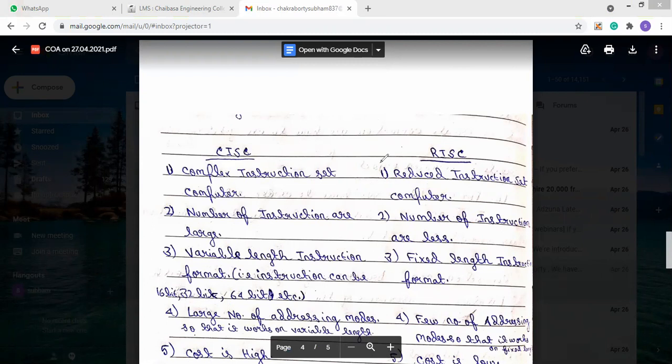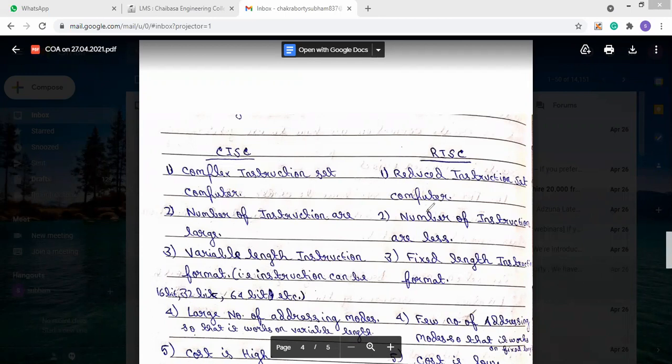In CISC, the number of instructions is large. The instructions you have in classes, I have also told you about those instructions. Computer uses instructions. So based on these instructions, it is of two types. One is complex instruction set computer, that is CISC, and the other is RISC, reduced instruction set computer.